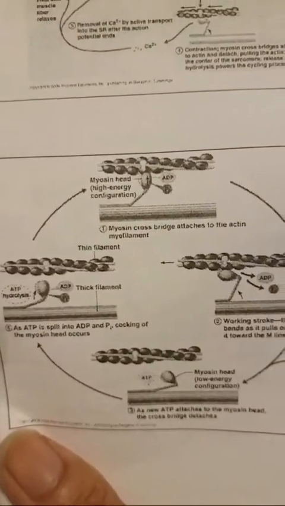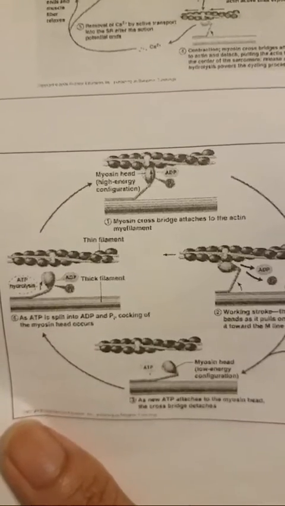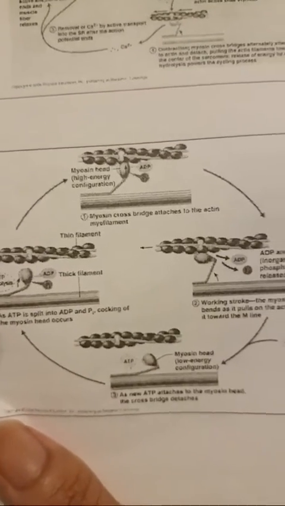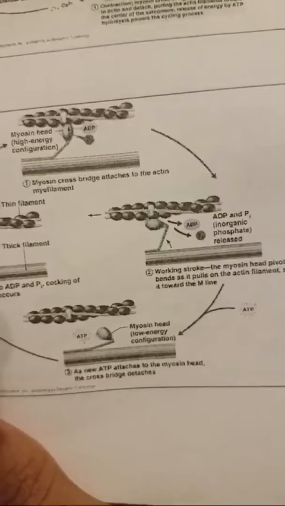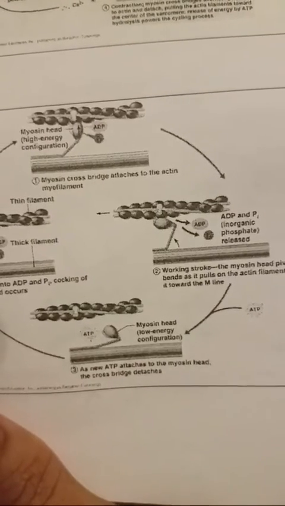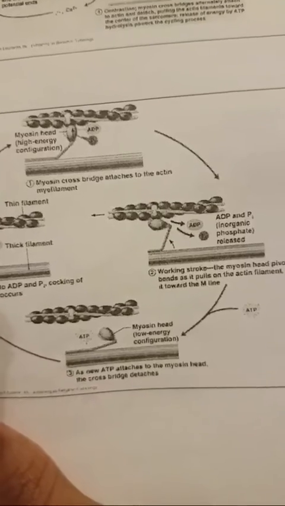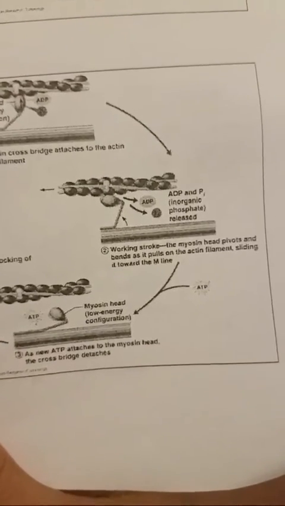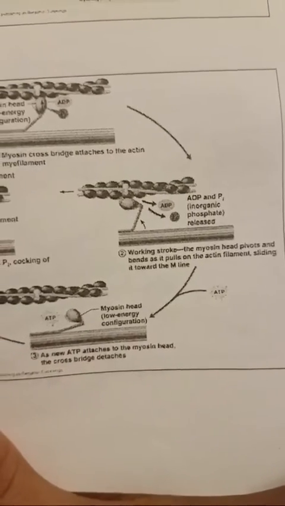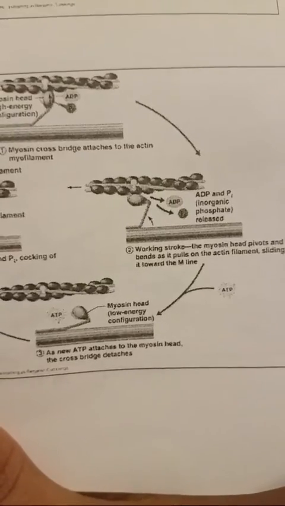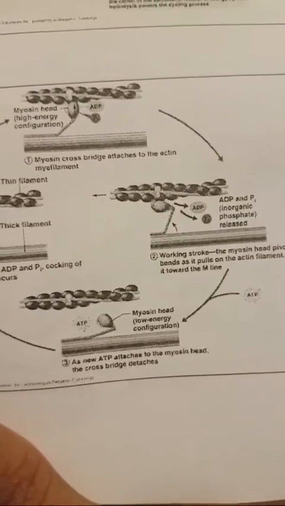The myosin cross bridge attaches to the actin. Then ADP and inorganic phosphate are released. In the working stroke, the myosin head pivots and binds as it pulls the actin filaments sliding toward the M line.